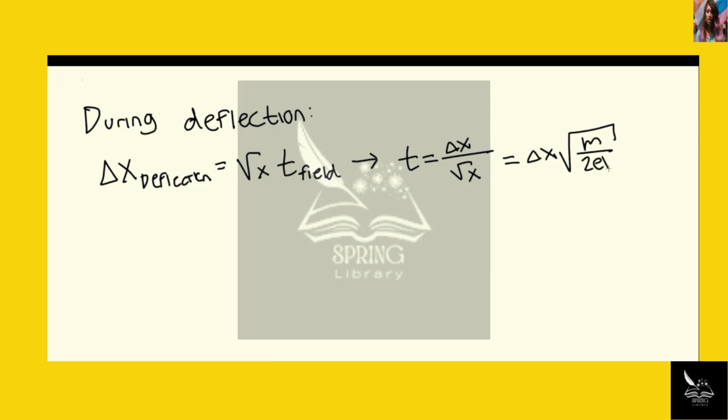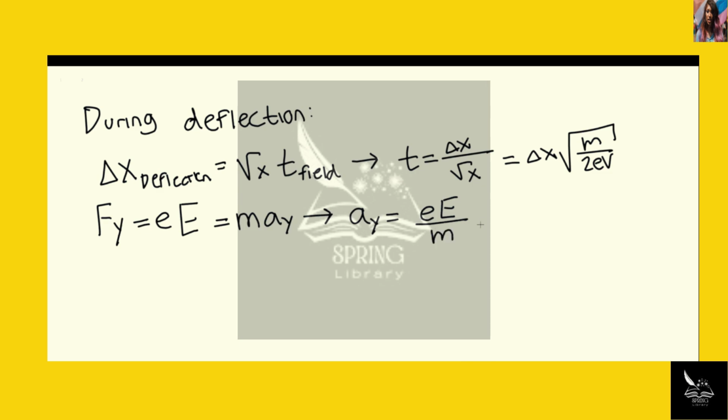Okay. Now let's look at the force in the y direction due to the electric field. You can set it equal to e, the electron charge, times E, the electric field, and then set that equal to ma, mass times acceleration in the y direction, just using Newton's law. Thus, the acceleration in the y direction is going to be electron charge times the electric field over m.